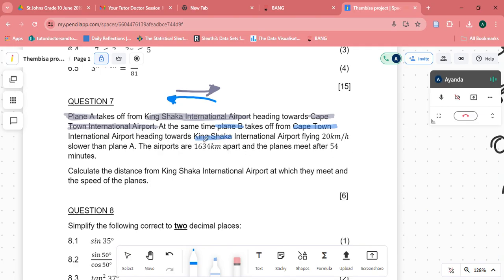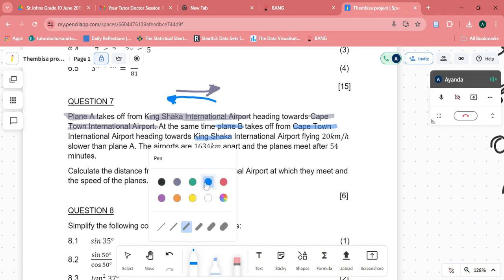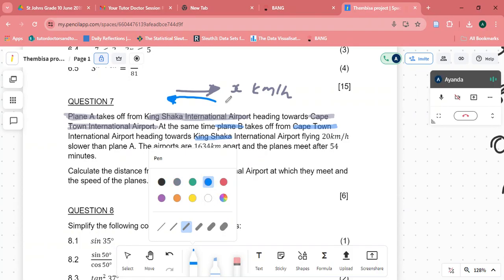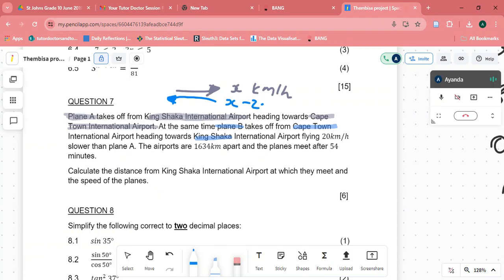Now, plane B, we're told, is flying 20 kilometers slower than plane A. So this plane is flying at x kilometers per hour, and plane B is flying at x minus 20 kilometers per hour.